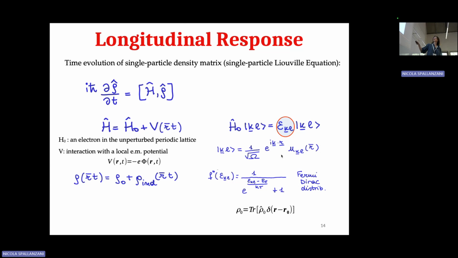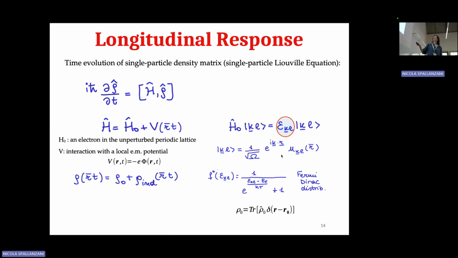For H0, I will have the eigenstates labeled by vector K and band L. Epsilon KL is the corresponding eigenvalue, and the state KL is a Bloch function, where UKL is a periodic function.